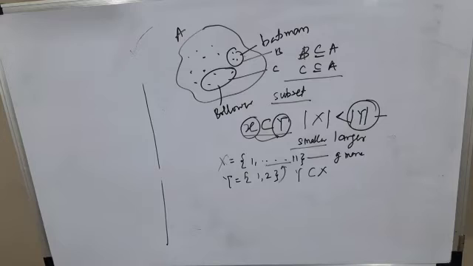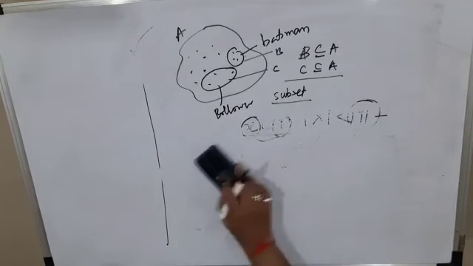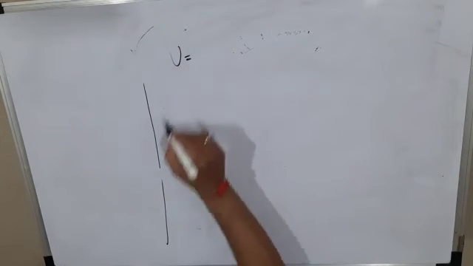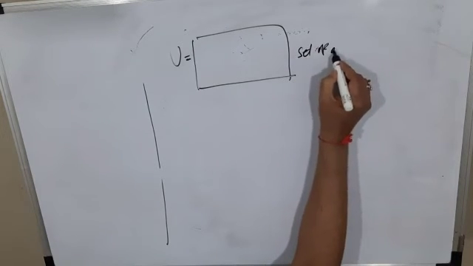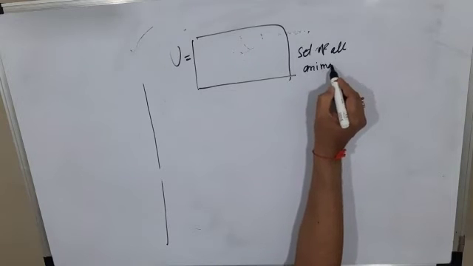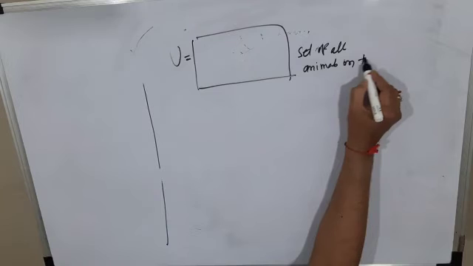Now, what is a universal set? We define U as a universal set, a set of all animals on the earth.